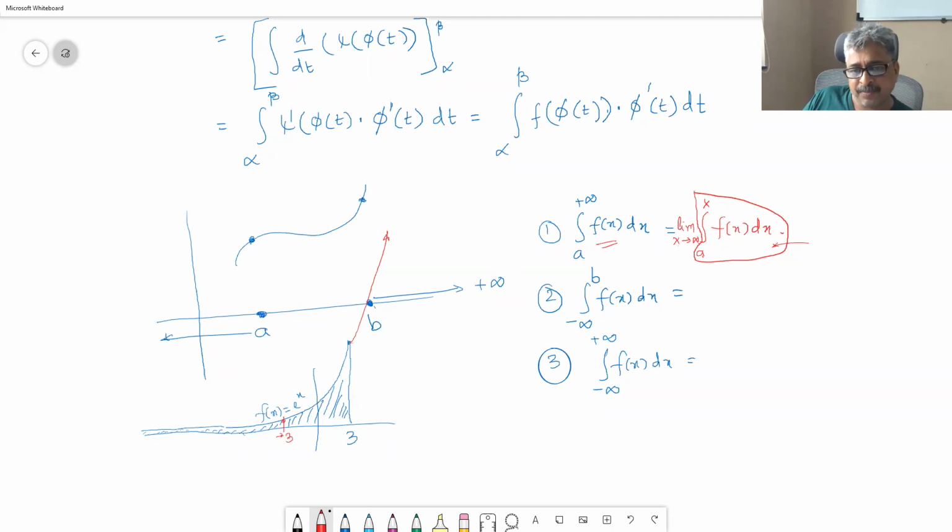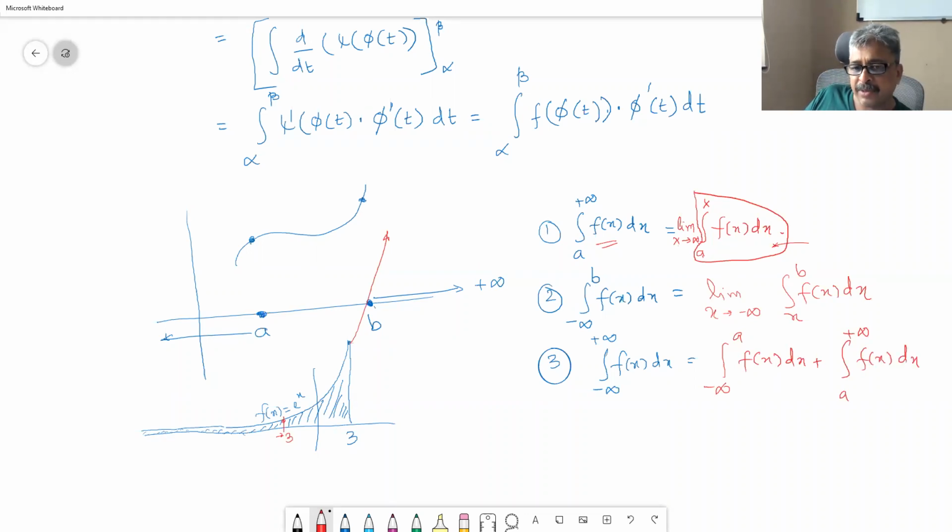Understood? Similarly, limit as x tends to minus infinity, integral x to b f of x dx. And here what we will do, you break it up in two parts: integral minus infinity to a f of x dx plus integral a to plus infinity f of x dx.